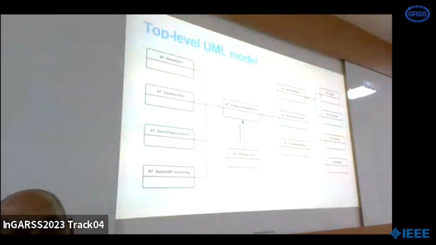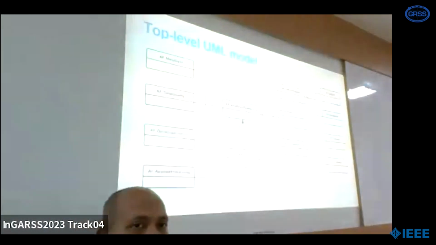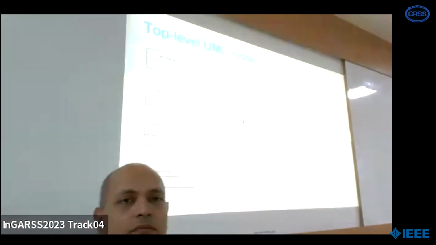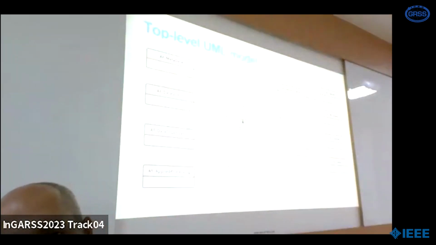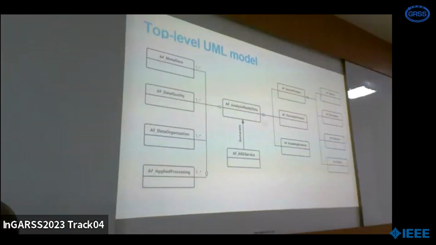In the ISO TC work, we use an object-oriented modeling approach to develop a standard, and the tool we use to model the standard is UML, the Unified Modeling Language.